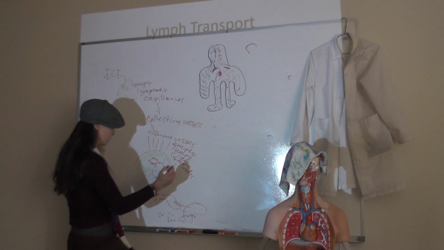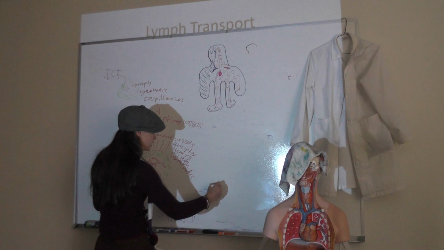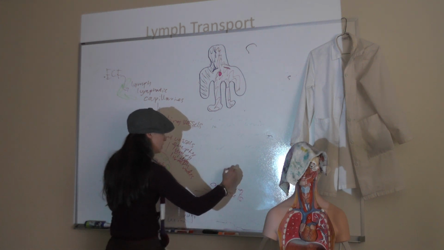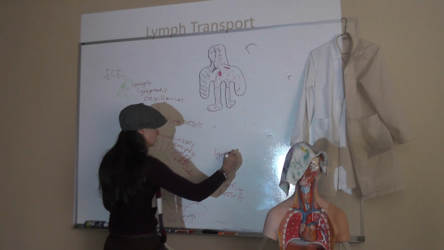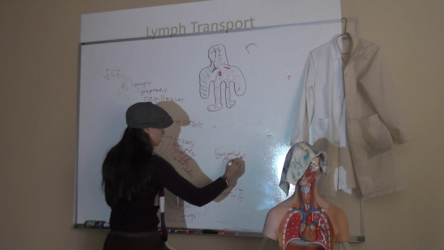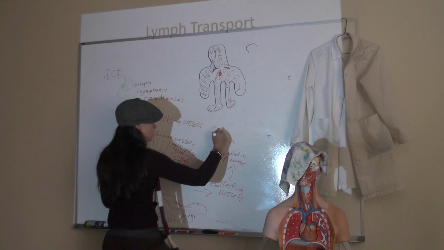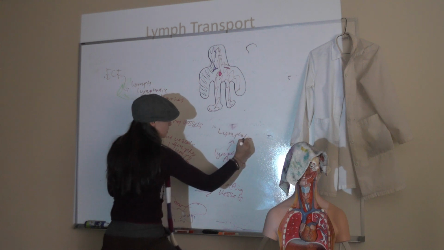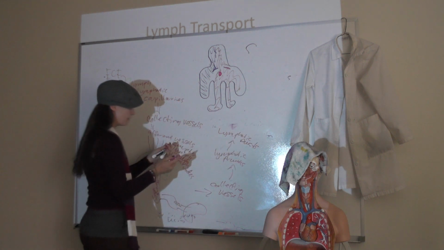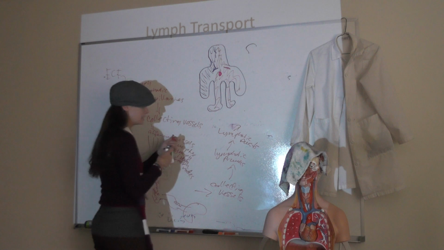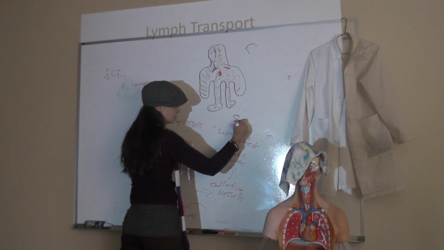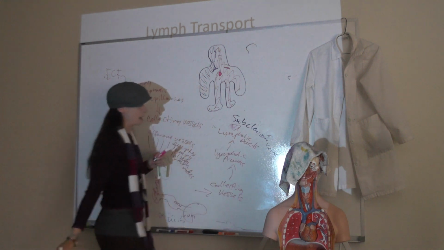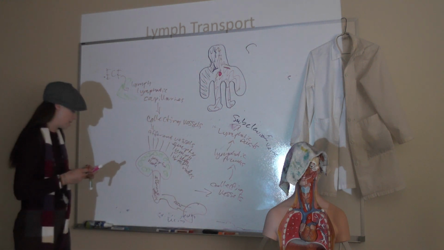If I wanted to write out another pathway here, I could say from my collecting vessels to my lymphatic trunks, and then from my lymphatic trunks to my lymphatic ducts. All through here it was lymph, and now these are going to drain into my subclavian veins, and this fluid will mix and become one with blood plasma. All right.